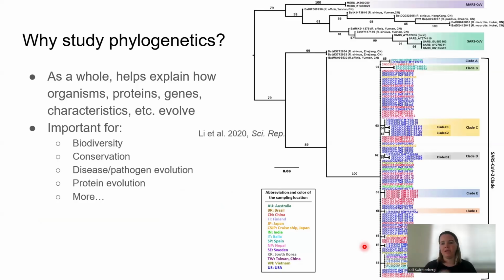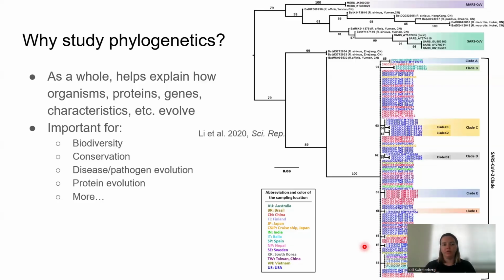What this is showing is the different strains of the COVID viruses that were sampled at that point in time. And what they were doing was tracking where the different strains were coming from and how they were evolving in order to get our different vaccines and things like that. So phylogenetics is relevant to health research as well.